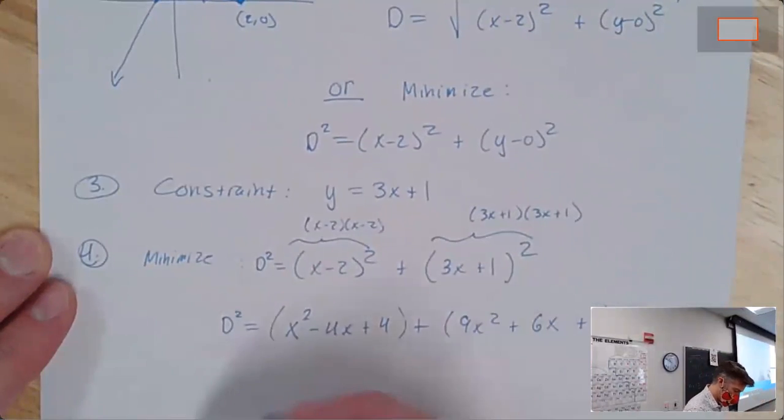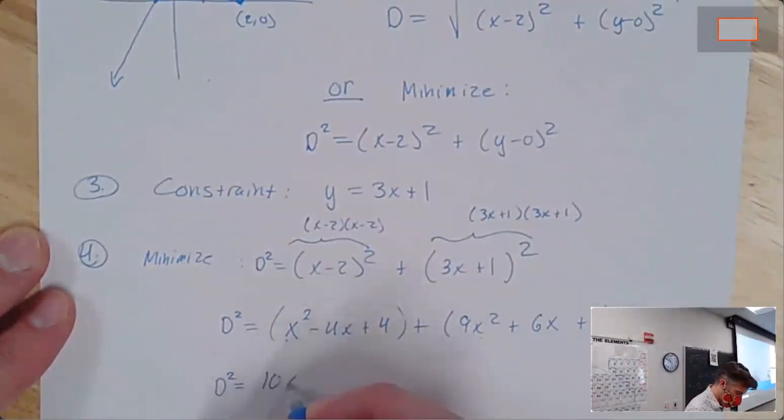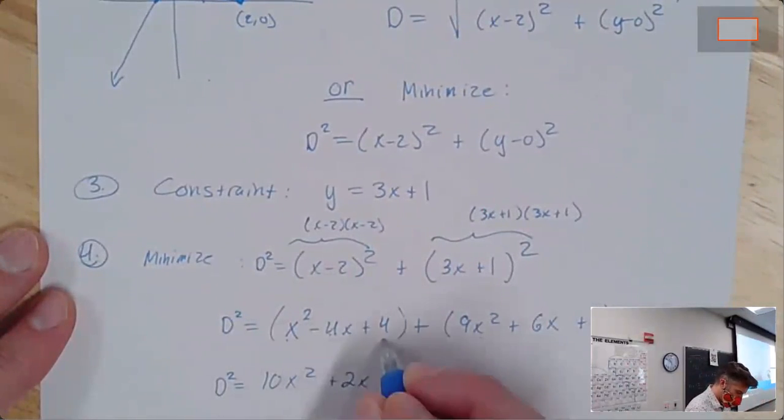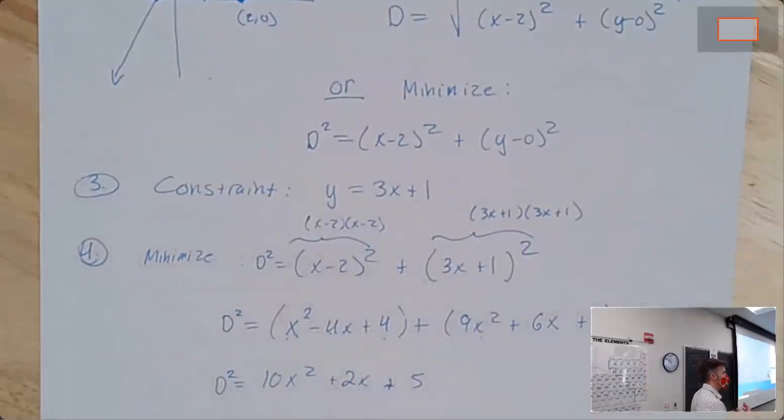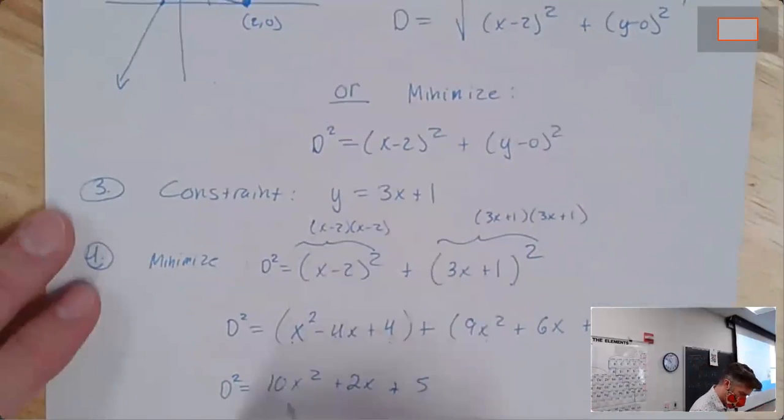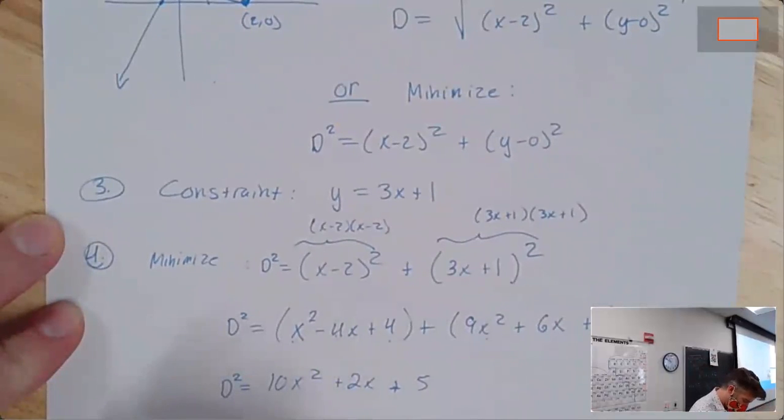Let's simplify this. The distance squared: x squared plus 9x squared is 10x squared. Negative 4x plus 6x is 2x. 4 plus 1 is 5. Great. Now we're back in the parabola land that we love. We can have a parabola, we can find its vertex, good to go. So let's find the x coordinate of the vertex.